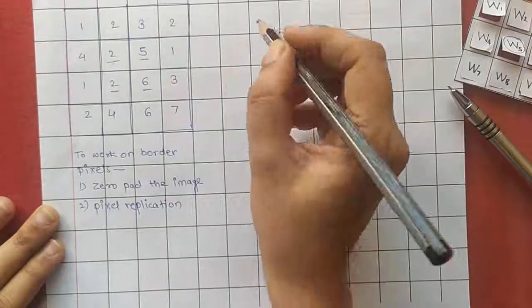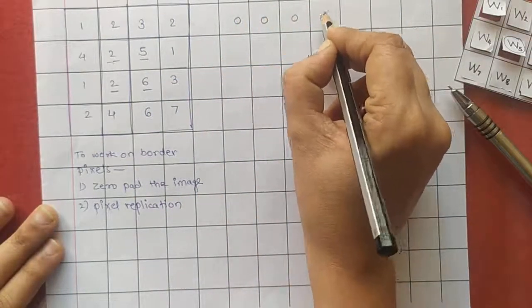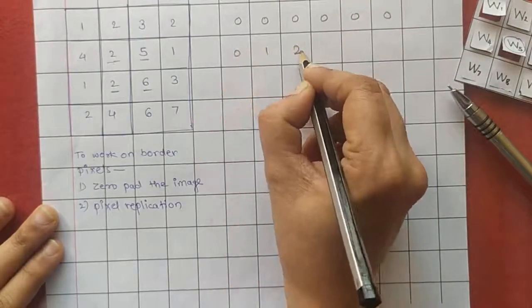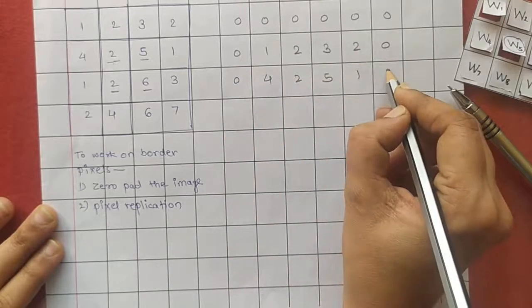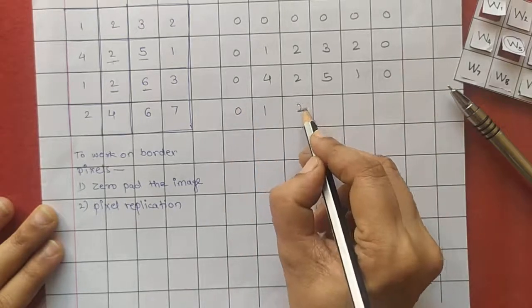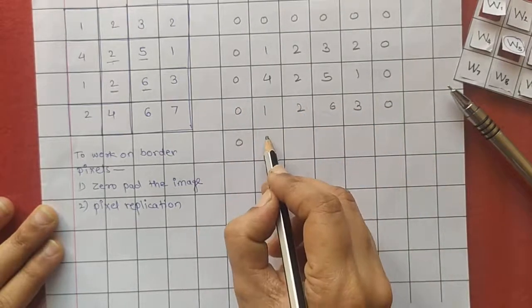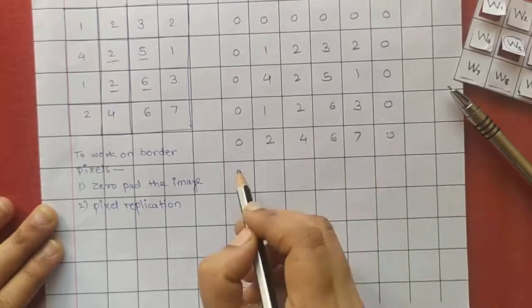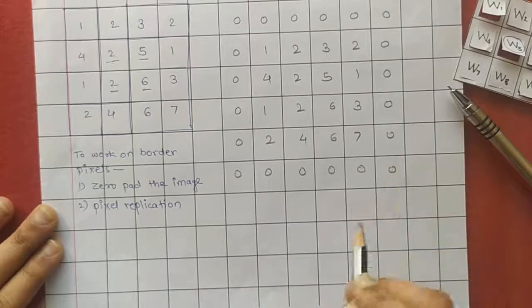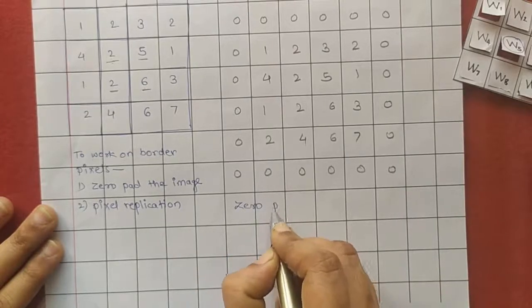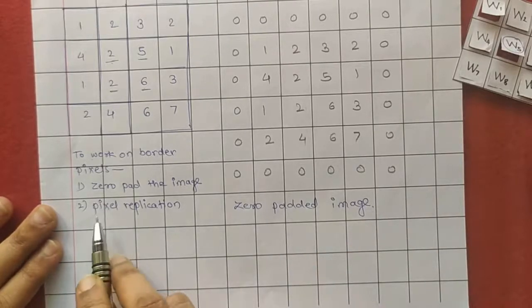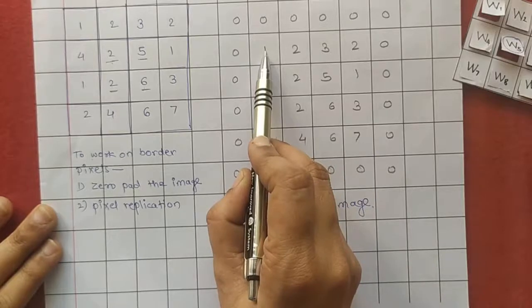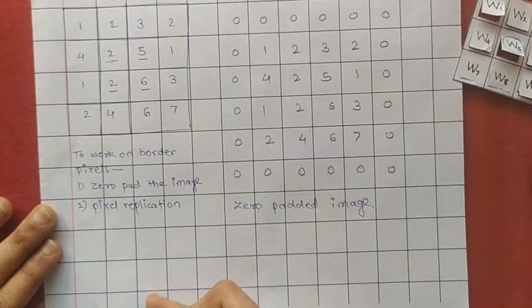After zero padding, the same image will become 0 0 0 0 0 0, 0 1 2 3 2 0, 0 4 2 5 1 0, 0 1 2 6 3 0, 0 2 4 6 7 0, and 0 0 0 0 0 0. So this is the zero padded image.